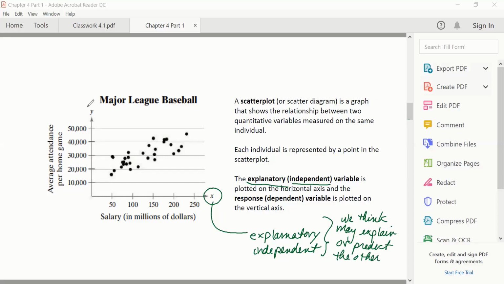The Y is the response, and it's called dependent. The response meaning it's responding to the X, and dependent meaning the X is what is independent and predicts the Y variable. So it explains what's happening with the Y variable. So the horizontal is the X and the vertical is the Y.